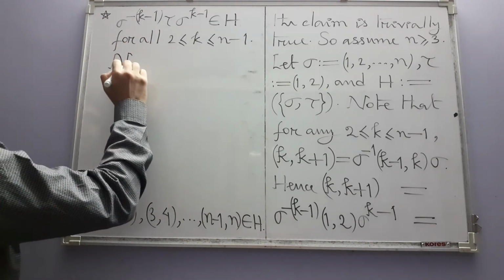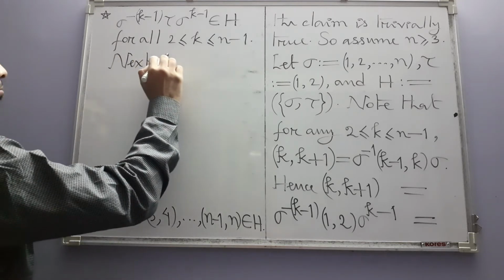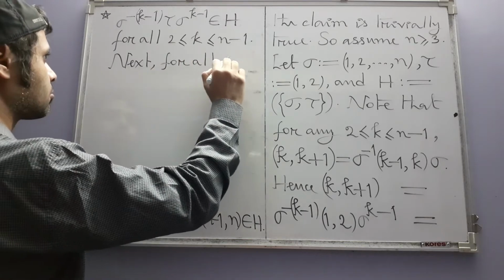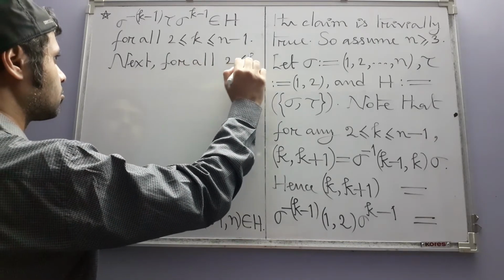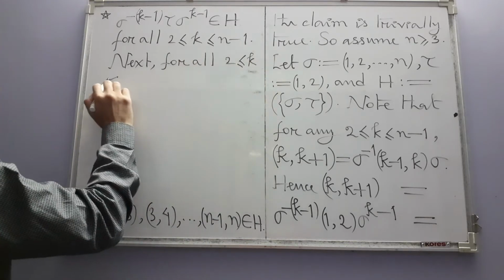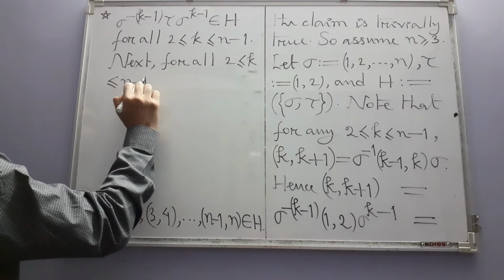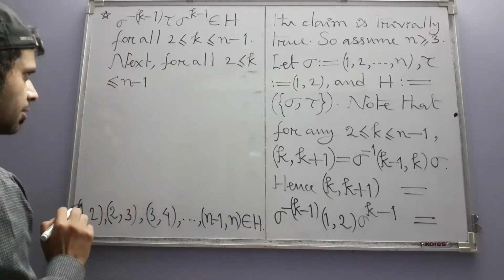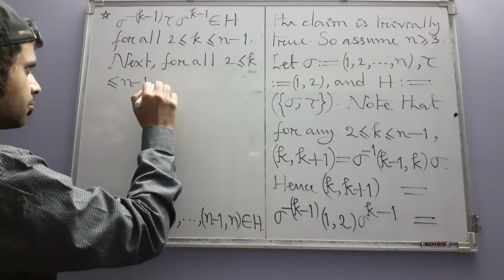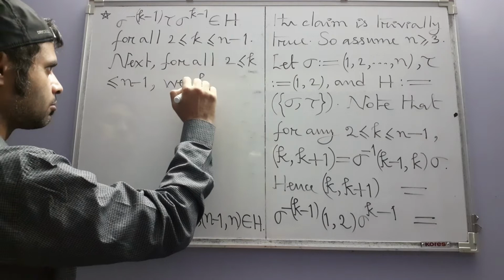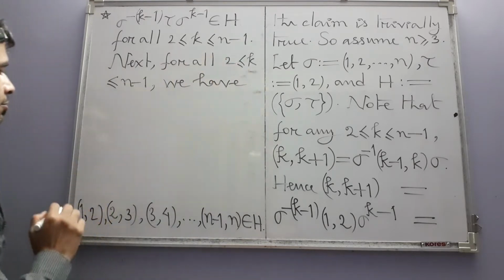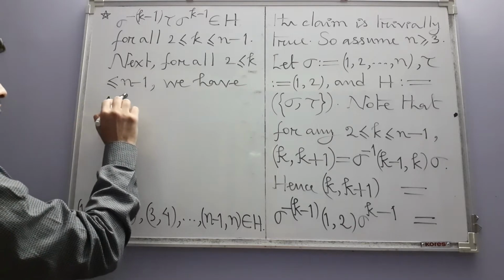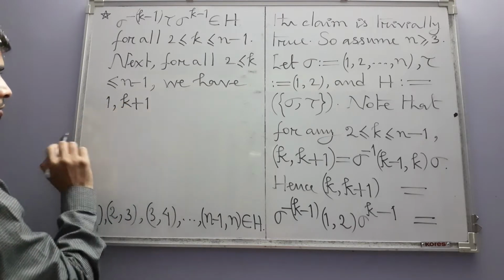Next, again we are considering something like that. Next, for all integers k satisfying these inequalities, we have, this time, (1, k plus 1).